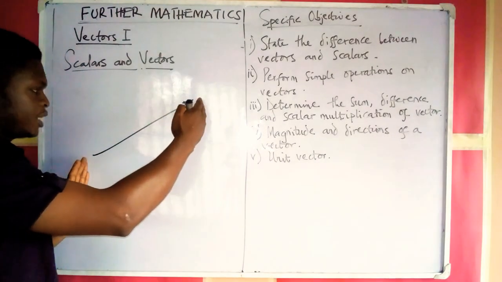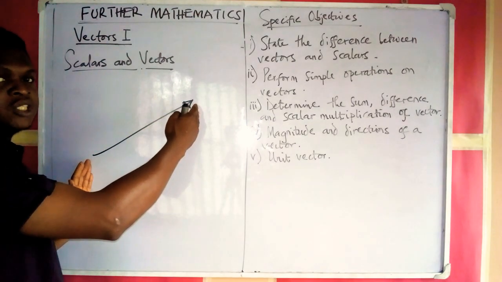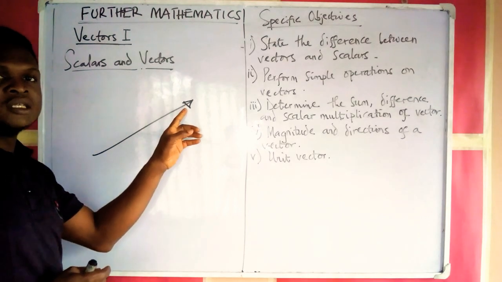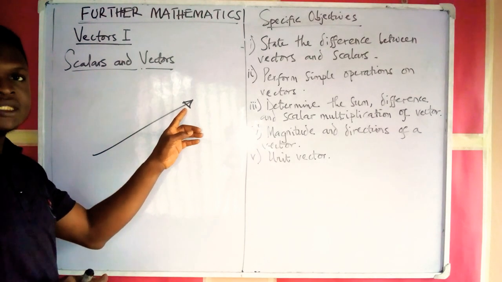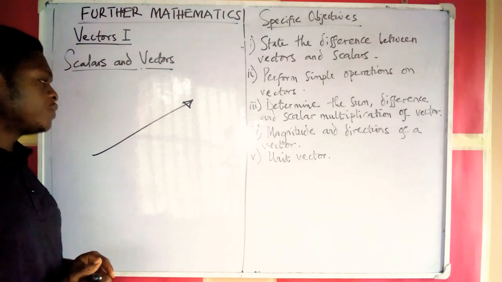So this straight line, which is the length of the straight line, is denoting the magnitude of the vector, while the arrowhead is representing the direction of the vector itself.